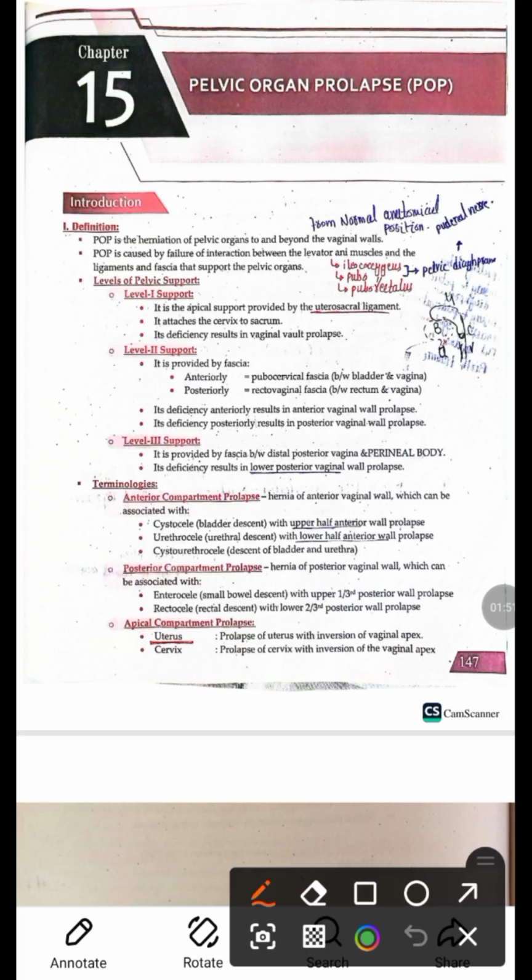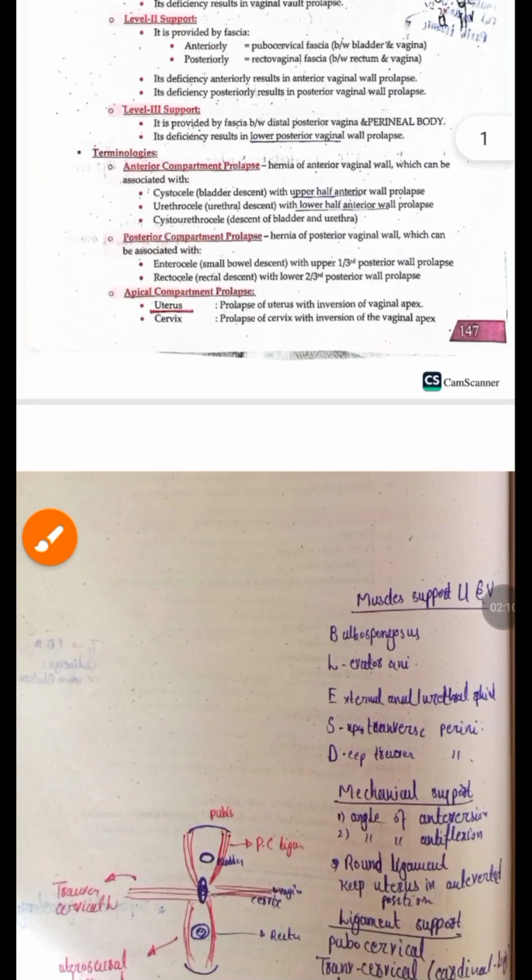Next is the apical compartment prolapse. The apical compartment prolapse includes the uterus and the cervix. There may be a prolapse of the uterus with inversion of the vaginal apex, or there may be prolapse of the cervix with inversion of the vagina.